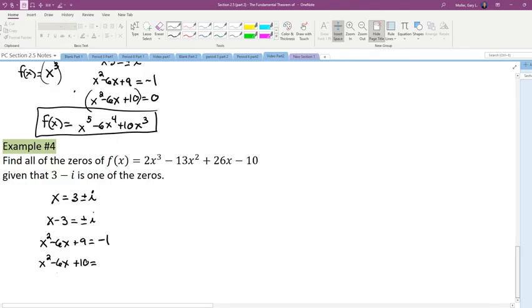So I know that this polynomial here factors into x squared minus 6x plus 10 times some mystery factor, which I don't know. And so to find the mystery factor, I need to divide. Unfortunately, I cannot use synthetic division. 3, 2, 1, 0. All the terms are here.